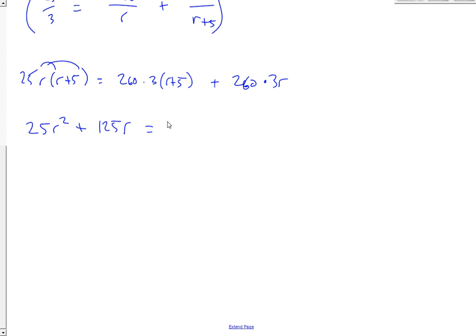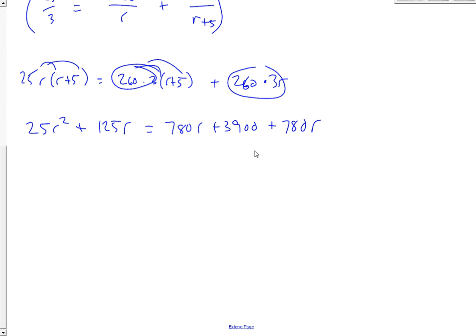So 780 times r, because I'm going to distribute that, and 780 times 5 is 3,900. And over here, I'm going to have 260 times 3, which is just 780r.